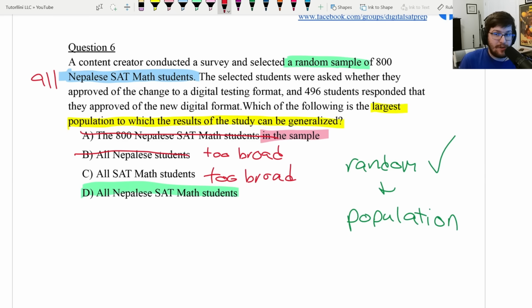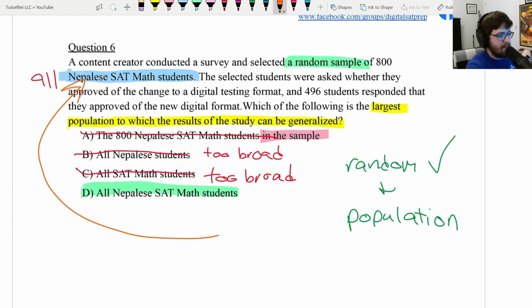I didn't ask any of those people, so I can't generalize the study to different types of people. Even a tiny difference, like a different town or something, I can't do that, let alone across the world, right? Again, you don't even need to look at the answer choices. Just extract the keywords for the population from the question like we did up here. Great, let's keep going.